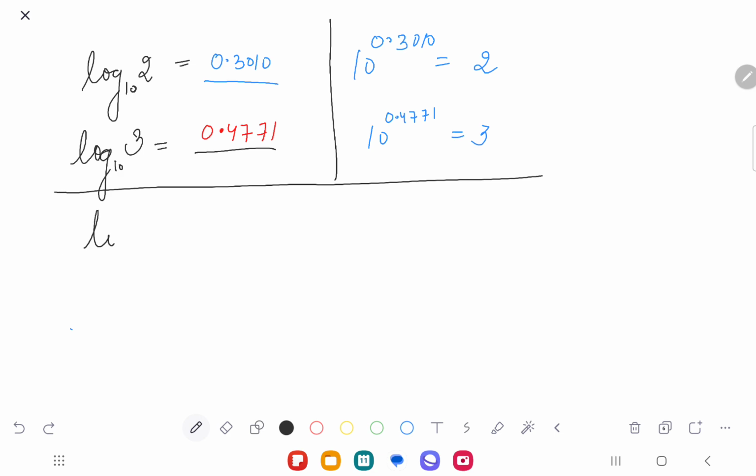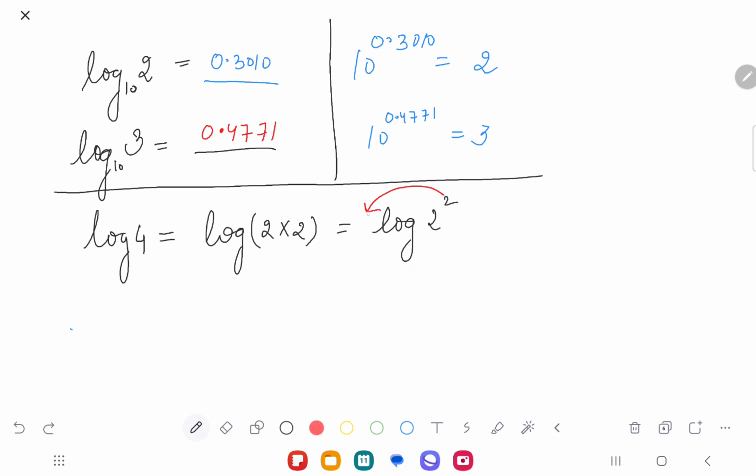Now, if I ask you to calculate log 4, using the properties, how do we calculate log 4? Log 4, I can write as log 2 times 2, which is nothing but 2 square. And when I say 2 square, the 2 shall come forward, so it is going to become 2 times log 2.